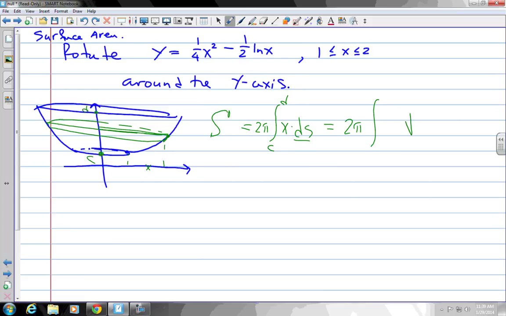And if I set this up using the dy integral, I'll get 1 plus the derivative of x with respect to y, so this is dx dy squared dy, right?